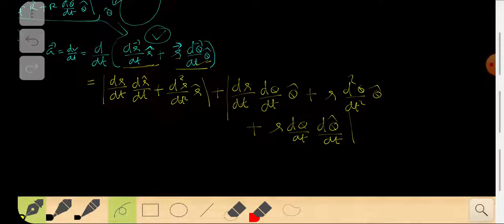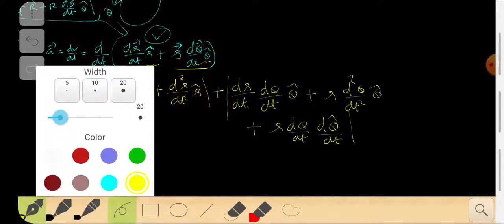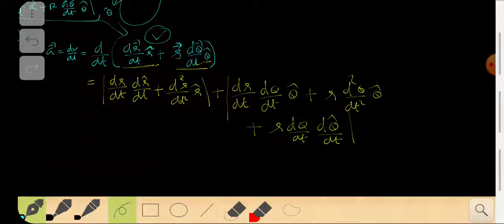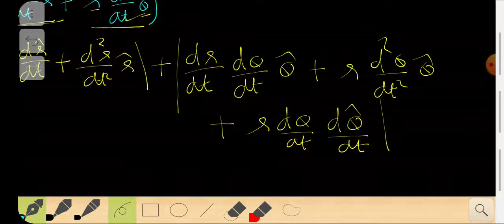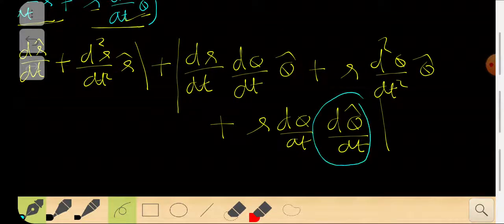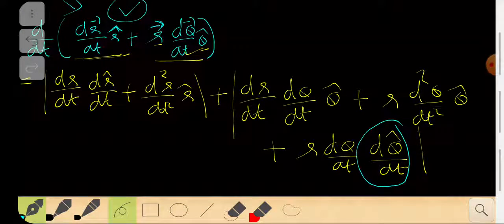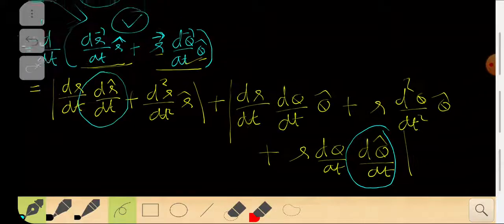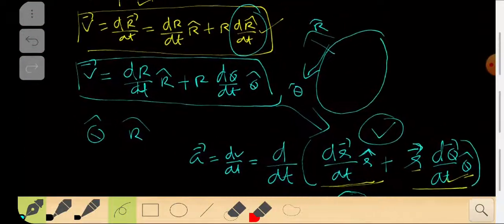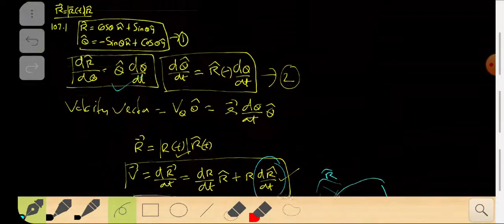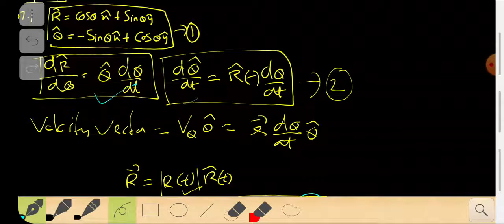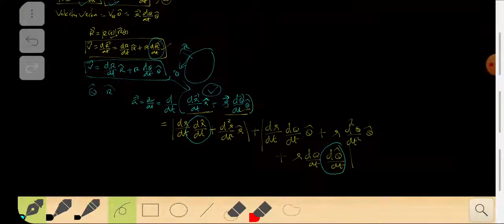Now there are some peculiar things inside this equation, something that we already know: d theta cap by dt and d r cap by dt. We know these from equation 2, so I'm going to substitute those values in here.